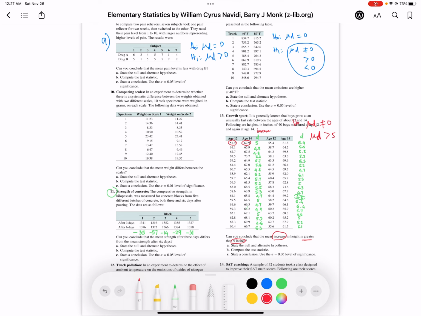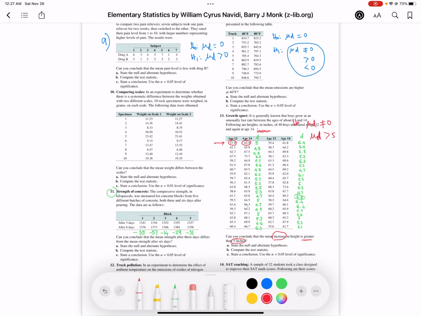So to find the difference, for example, look at the first boy. When he was 12, his height was 57.9. When he was 14, his height was 62.9. It means his height is increasing, and the increase is 5 inches.